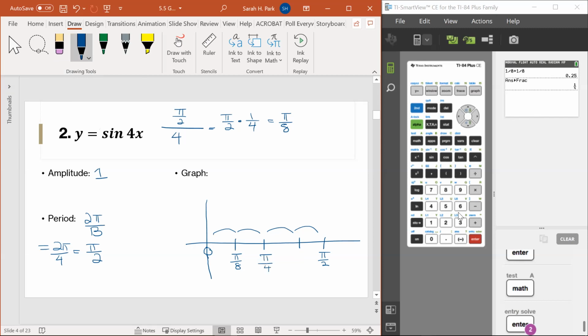And then add another 1 over 8, which becomes 3 pi over 8.